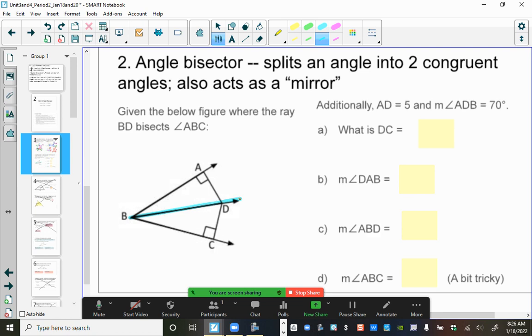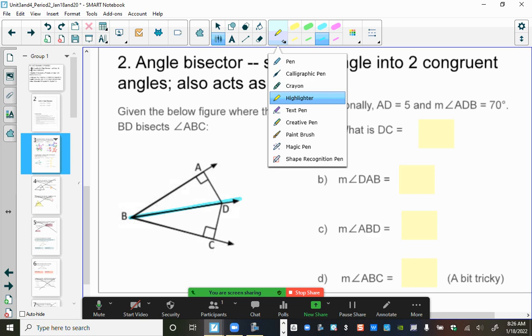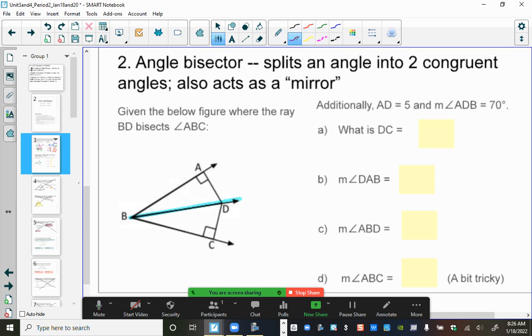Then I gave you some information. This distance right here, AD, it's 5. Angle AD is 70 degrees. These are the first two things that are given to you. Now, let's talk about this.